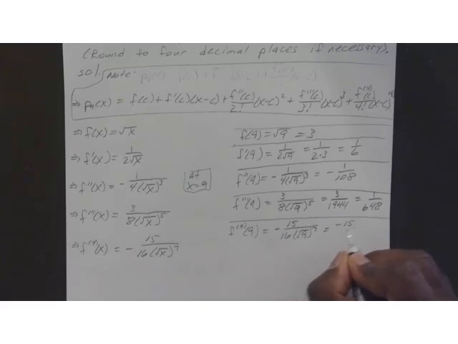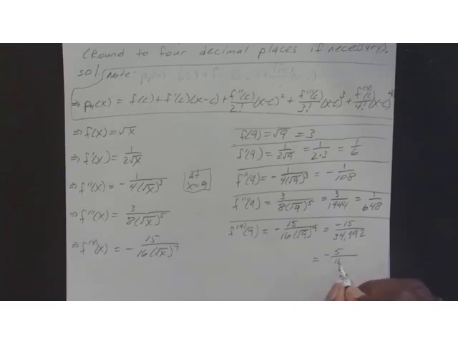So that's -15 divided by 34,992. Okay, but that can be simplified because both of those are divisible by 3. So we end up with a simplified -5 divided by 11,664.